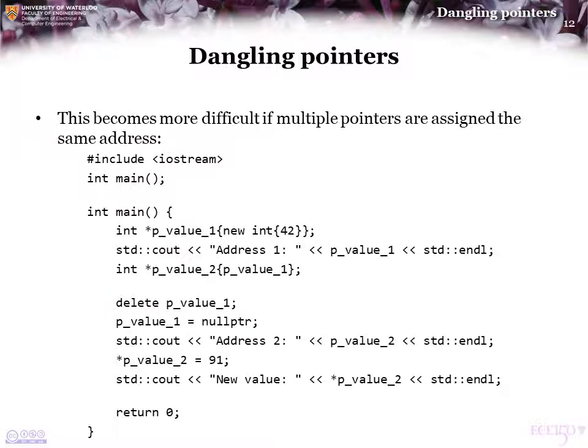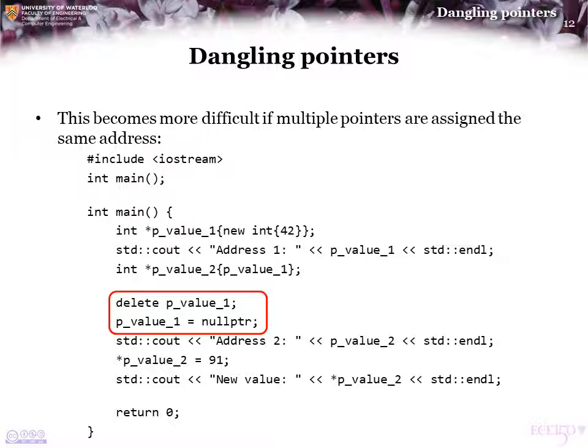Now, things can become a little bit more difficult if multiple pointers are assigned the same address. So for example here, p-value 2 is simply being assigned the address stored in p-value 1. The problem is, here I deallocate the memory at address p-value 1, and I judiciously set p-value 1 to null pointer.